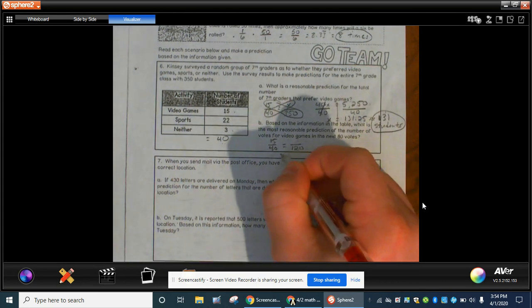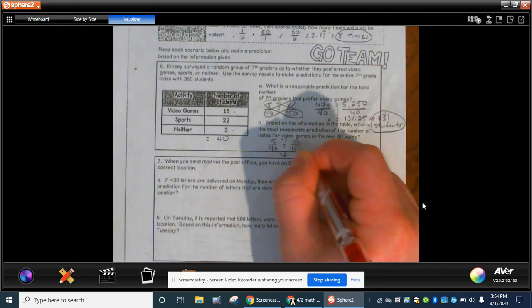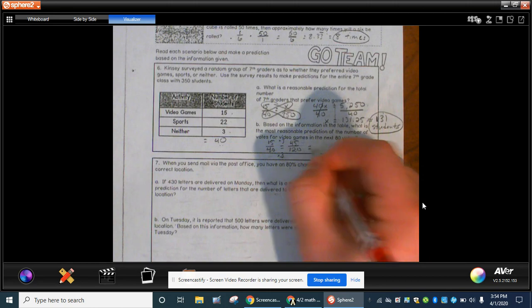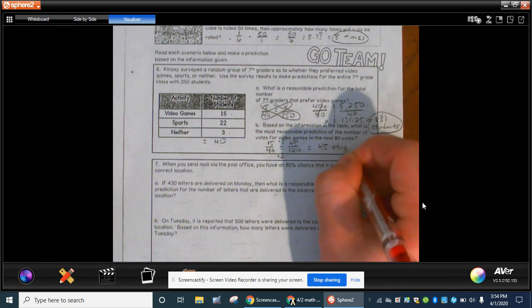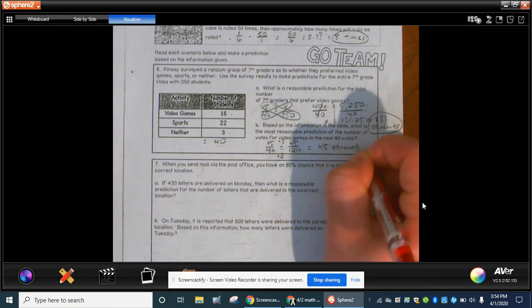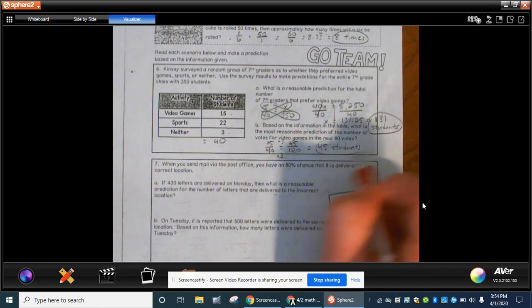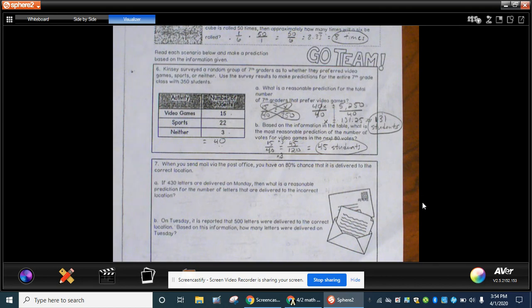So it would only make sense that if I multiply the bottom by 3, I should also multiply the top by 3. 15 times 3 is 45. So a reasonable prediction should be that 45 students prefer video games over sports or even neither. Okay, so that would be a reasonable prediction for the next 80 votes.